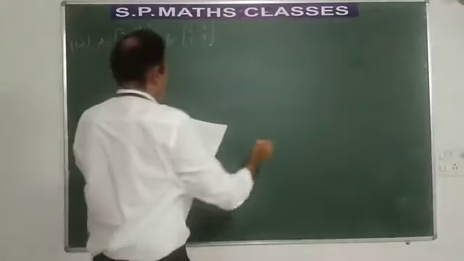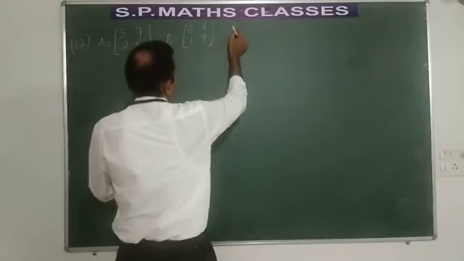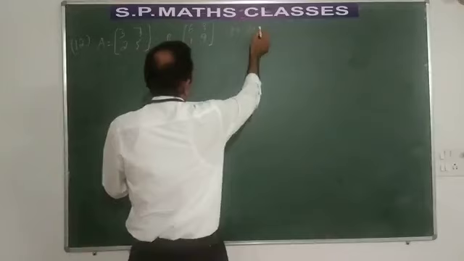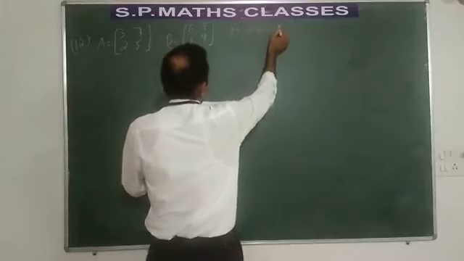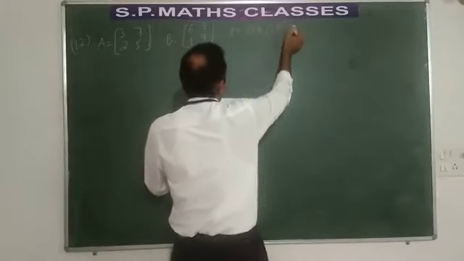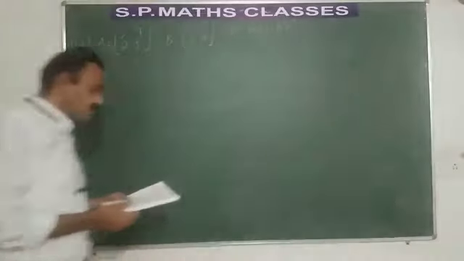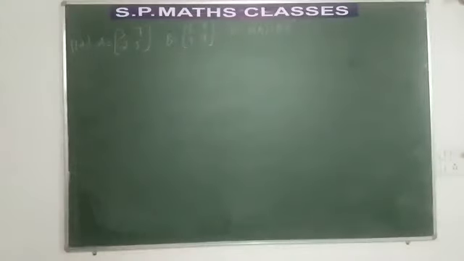Verify that, or we can say prove that AB whole inverse is equal to B inverse into A inverse. This is what to be proved. So look at the problem. A is given 3 7 2 5 and B is 6 8 7 9.